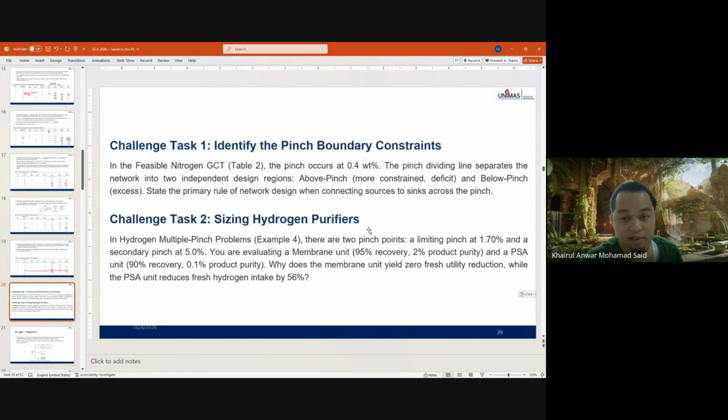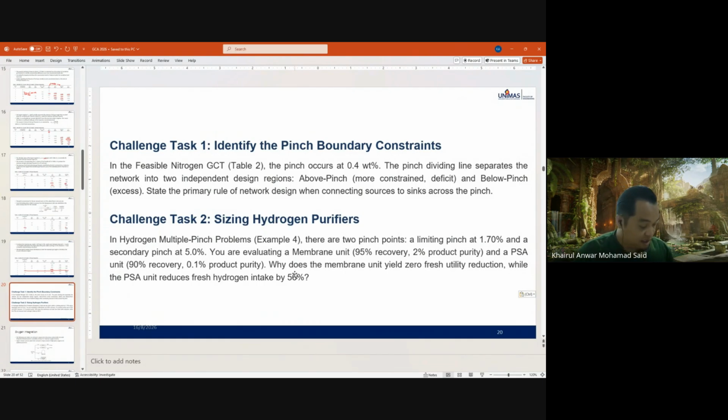Second task for you to try is the hydrogen multiple pinch problem with four. There are two pinch points, with the pinch at 1.7% and the secondary pinch at 5%. You are evaluating maybe 25% if I'm 90%, and when you end up, you basically get 20% productivity.